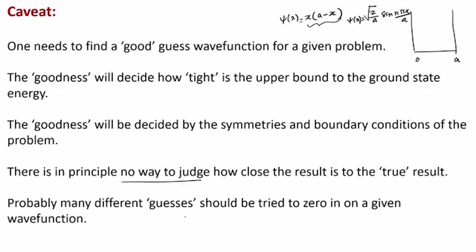So, many different cases would have to be tried out in order to arrive at the one which gives you the tightest bound to the ground state energy, or which lies closest to the ground state energy.